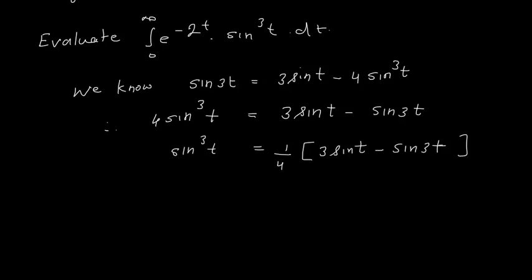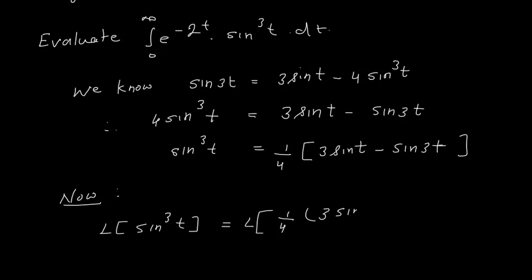So now I will find Laplace of sine cube t. So Laplace of sine cube t will be Laplace of 1 upon 4 into 3 sine t minus sine 3t.